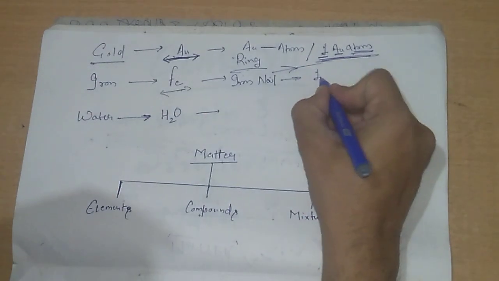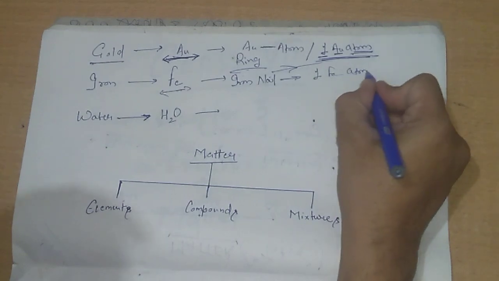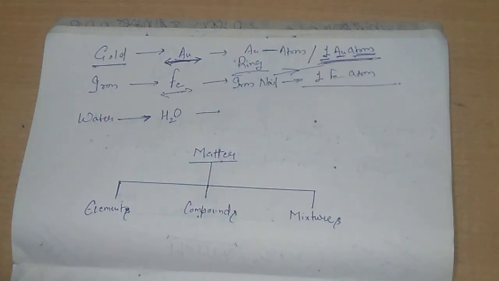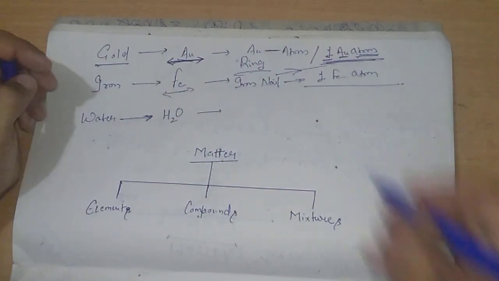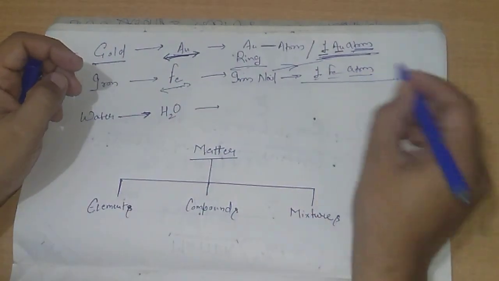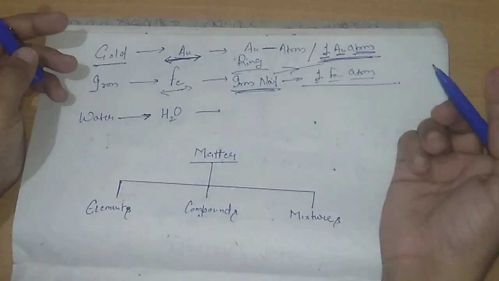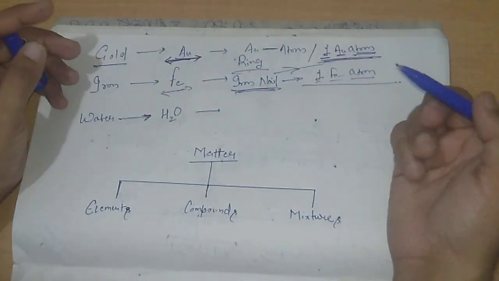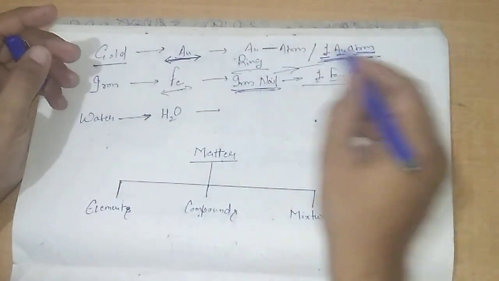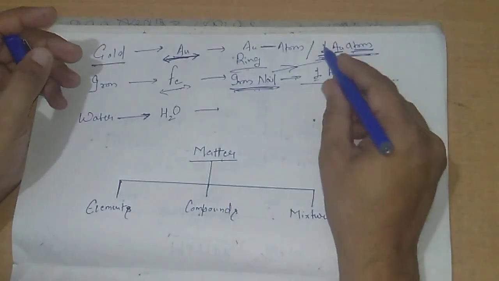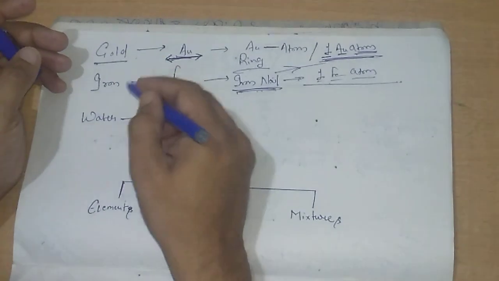Thus one Fe atom would be considered the smallest entity of the iron nail. That means atoms are used to make that matter which we can see or identify. Clear? So matter is made up of atoms. These are pure substances: gold and iron are pure substances.